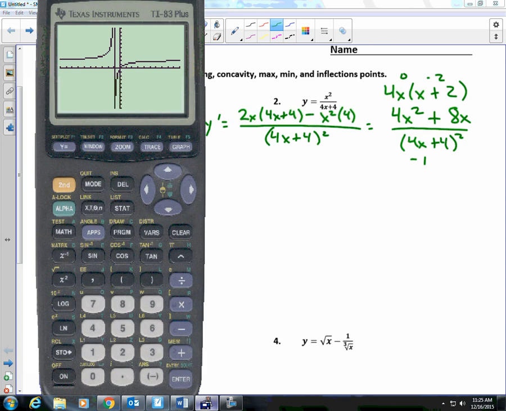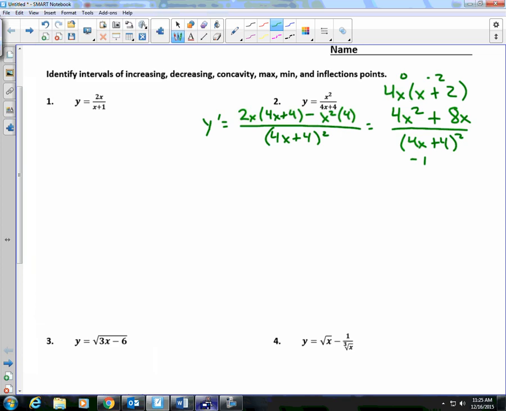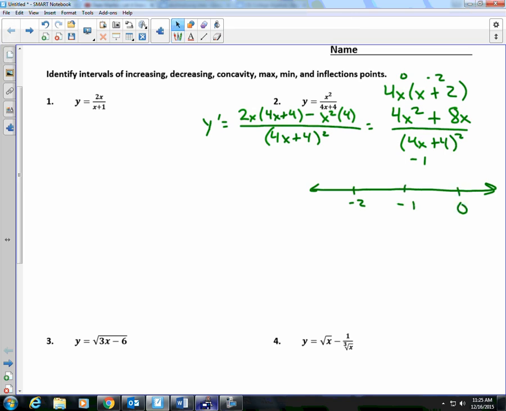Let's do this one right here. We will make a number line, and on our number line we put -2, -1, and 0. I'm going to make a note that this is where we have a vertical asymptote. It's not part of the original domain. So therefore it can't be a max, it can't be a min, it can't be an inflection point.